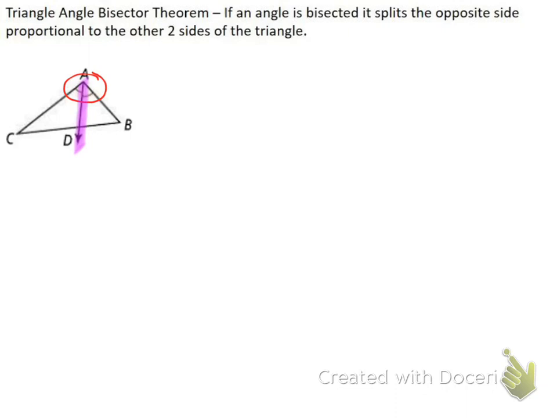That's my angle bisector, and so these two lines are going to be proportional with those two. And so the way that I want to write it is I can go left over top of right here. I can say that CD over top of DB is equal to AC over AB.